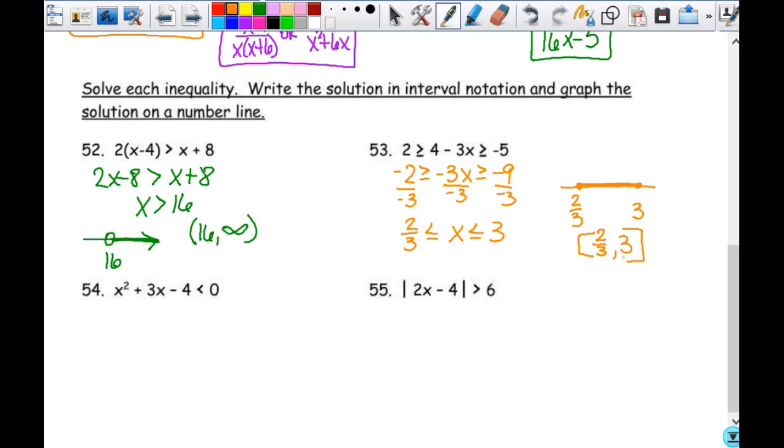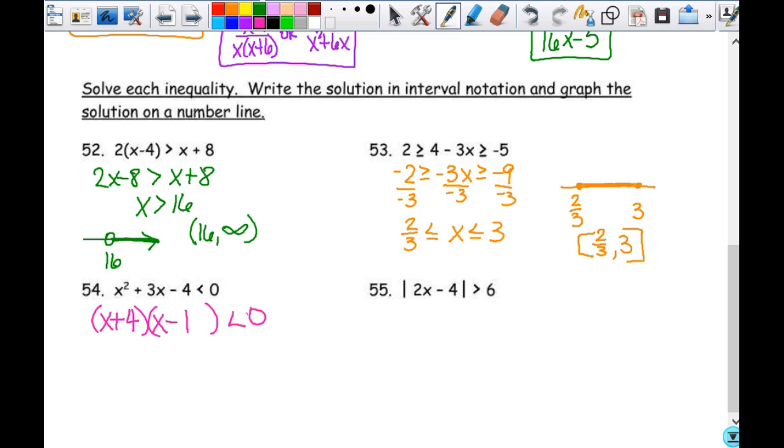All right, 54. I am going to solve this quadratic, and I can factor this one. So this is x, this is x, this is minus, so one of them is plus, one of them is minus, and that would be a 4 and a 1, so the 4 has to be positive. This is 1, and then it is less than 0.